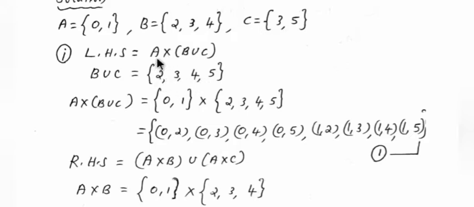Then find out the whole LHS, that is A × (B ∪ C). Substitute the set A first. A is the set {0, 1}. Then put this cross, then write the set B ∪ C. B ∪ C is this set, which can be written here.